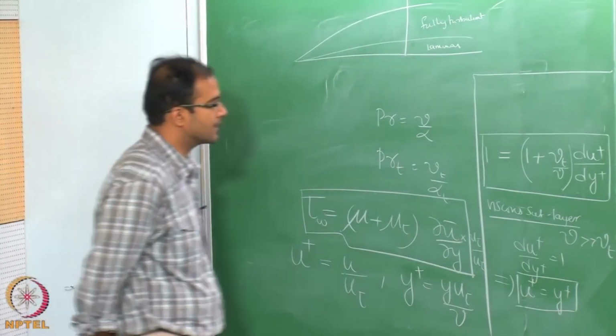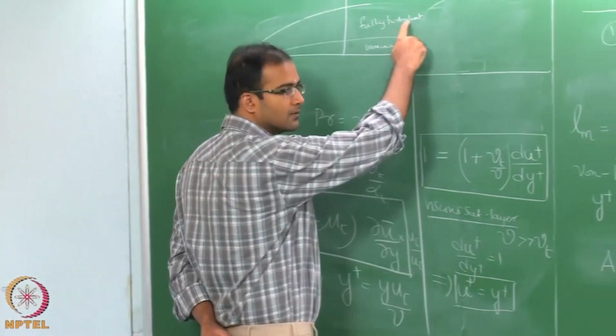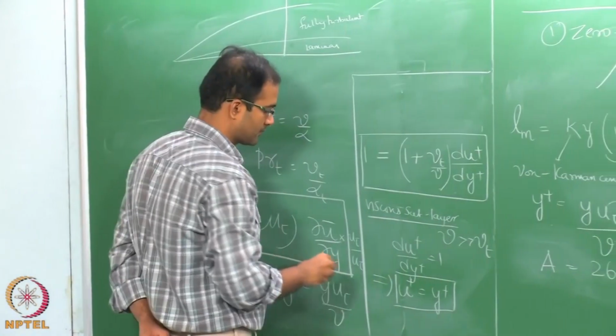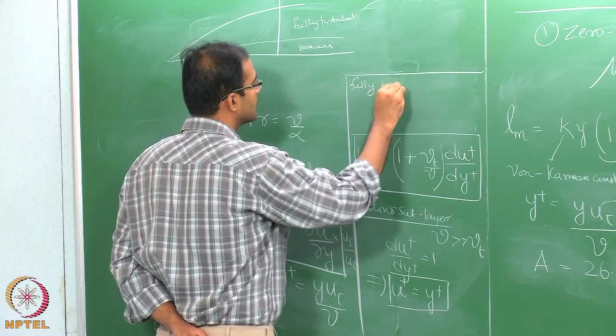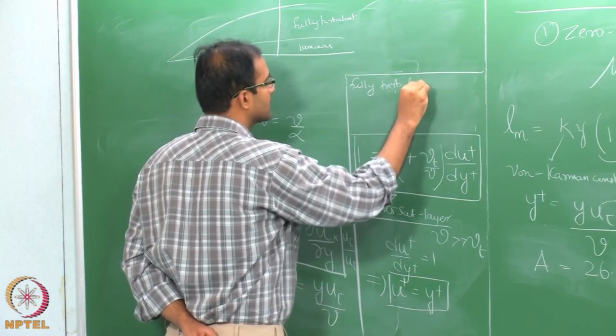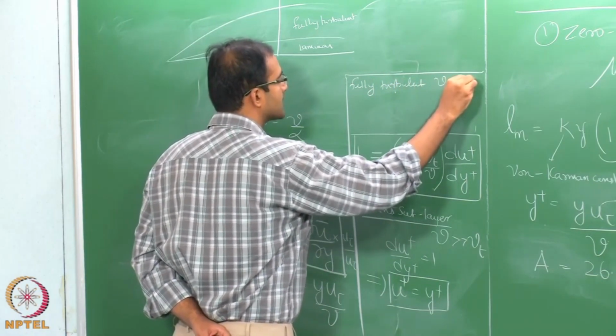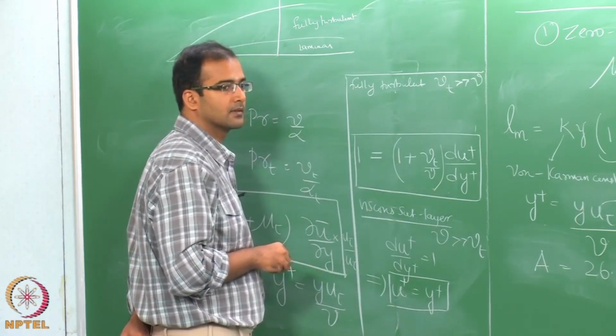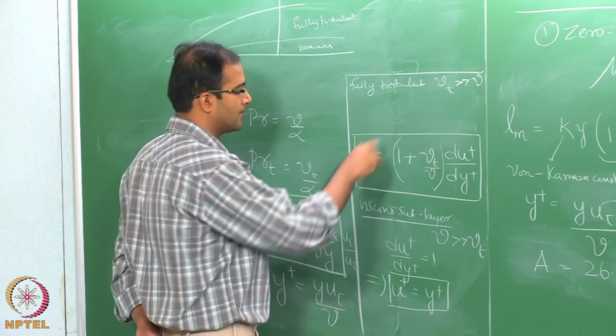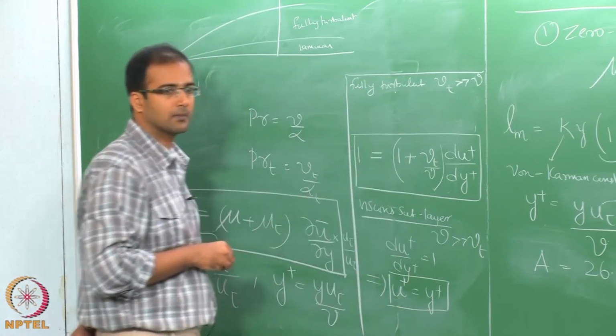Now, what happens in the fully turbulent layer? In the fully turbulent layer, your turbulent diffusivity is much greater than nu, right. So, then what happens to 1 plus nu t by nu?